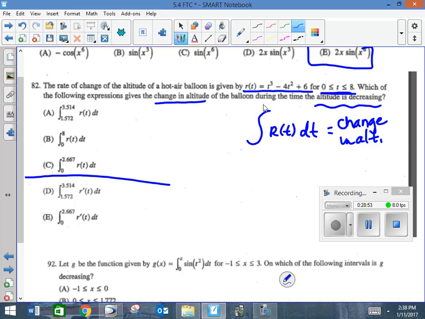That's totally okay, but as long as you have the numbers, let's see where the numbers come from. So this is the change in altitude. When the altitude is decreasing, what do we know about the derivative of this? The derivative of that is decreasing.